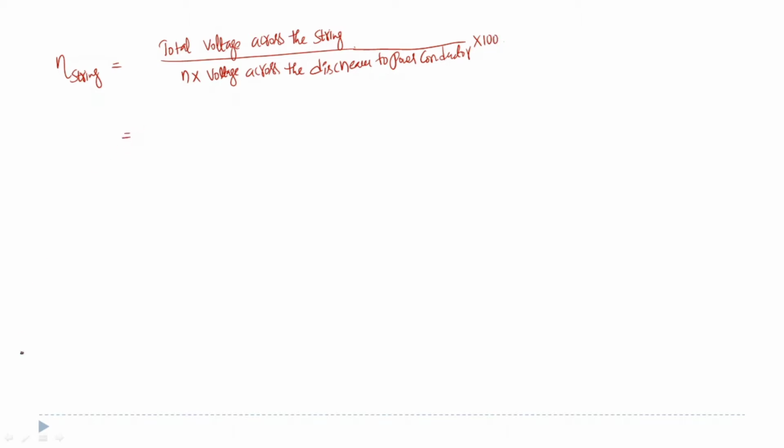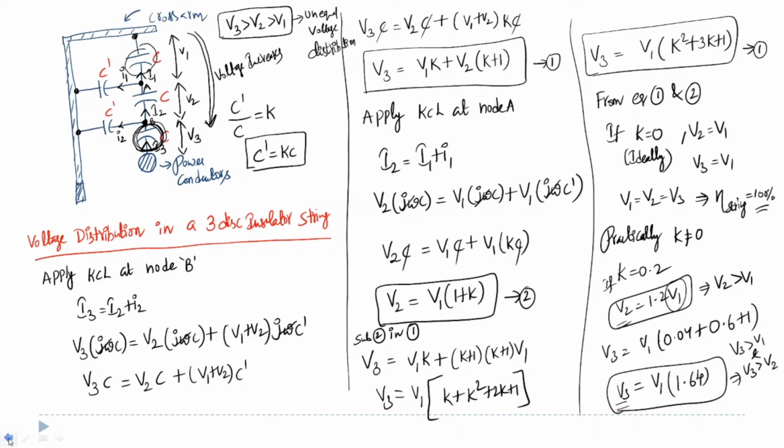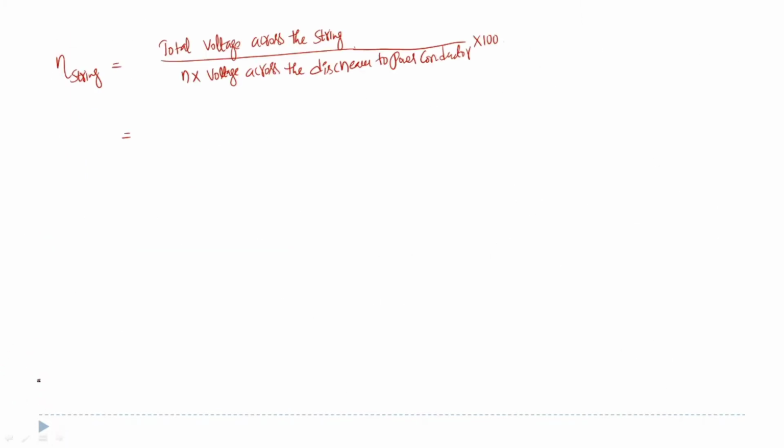Now, for a three disc insulator string, as we have seen in our previous class, the total voltage is the summation of all these three voltages, V1 plus V2 plus V3, right? Let me write that formula: V1 plus V2 plus V3 divided by N, where N is 3, multiplied by the voltage across the disc nearer to the power conductor, V3.